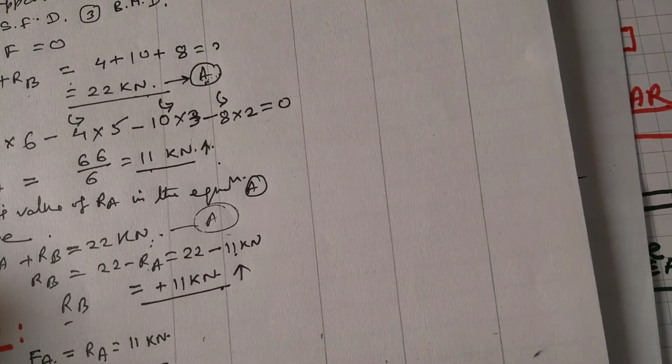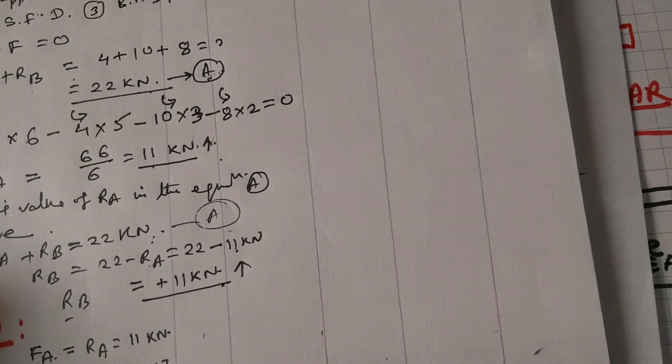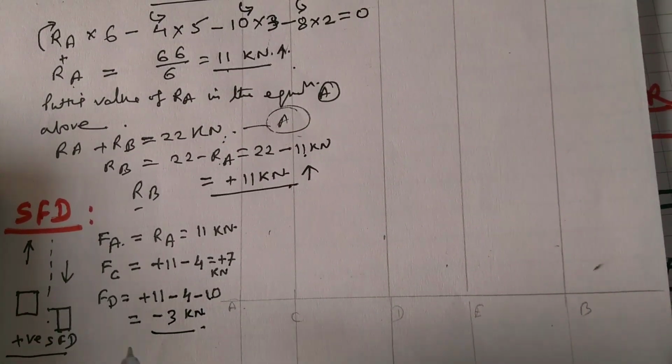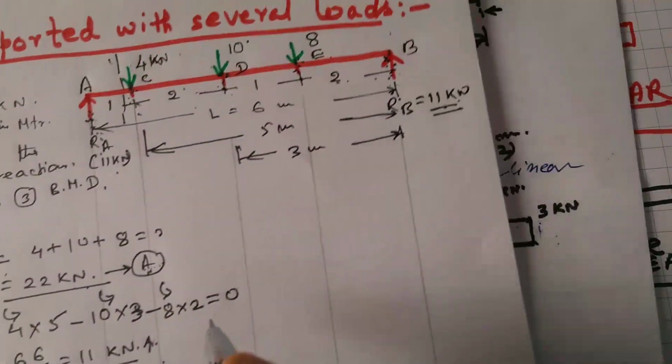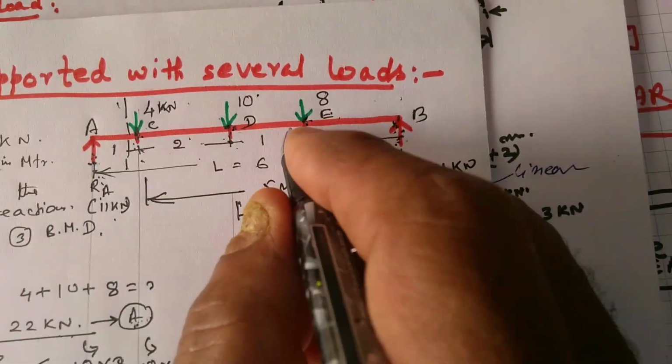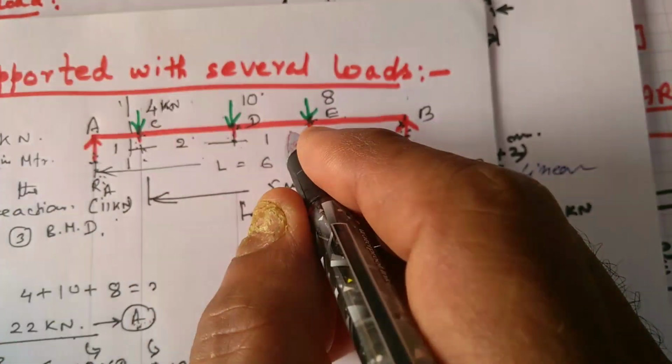You will get minus 3 kilonewton at point D. And at E, summation of all the forces on the left hand side.